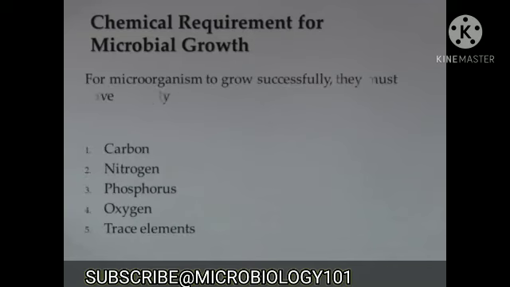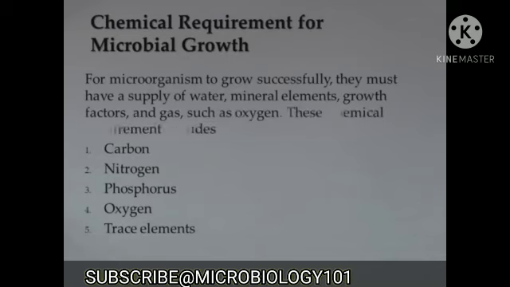Chemical requirements for microbial growth. For microorganisms to grow successfully, they require a supply of water, mineral elements, growth factors, and gases such as oxygen. This is also applicable to complex organisms, most especially human beings.